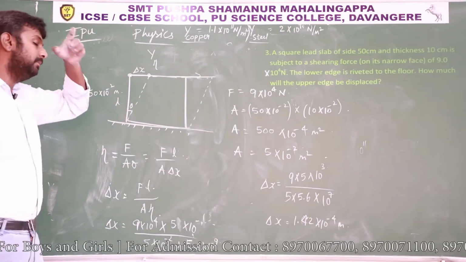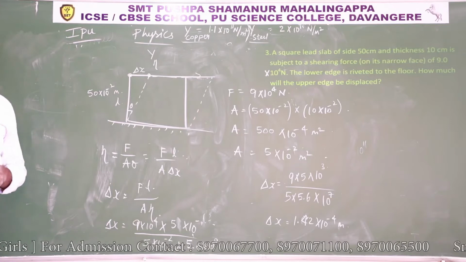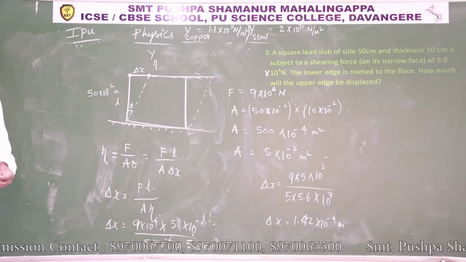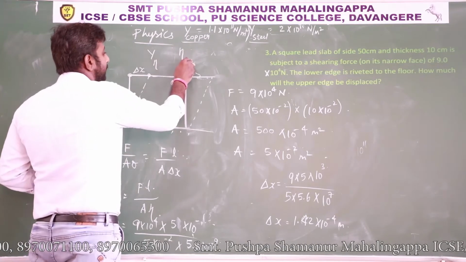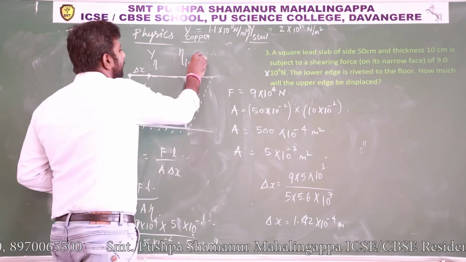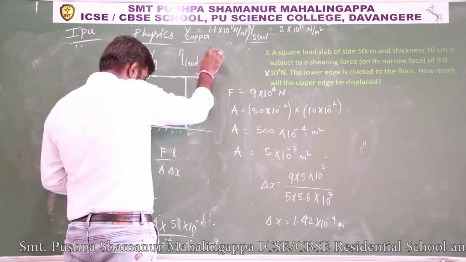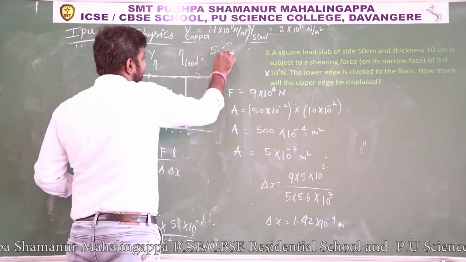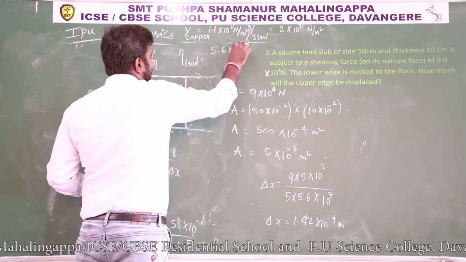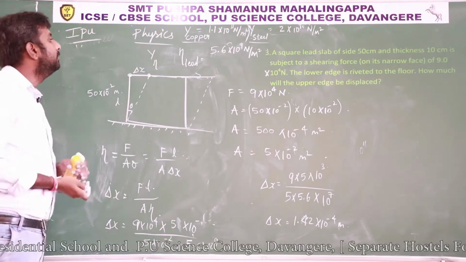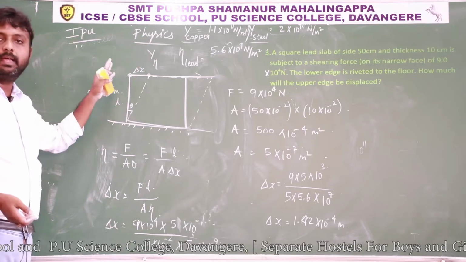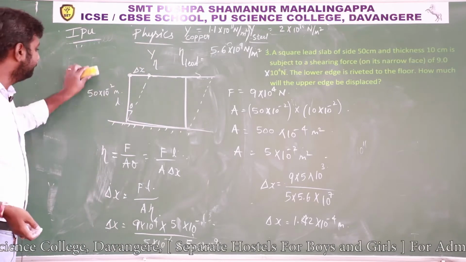This is the displacement of the upper edge, delta x. And remember the value of eta for lead is 5.6 into 10 to the power 9 Newton per meter square. These values will be given in the question.